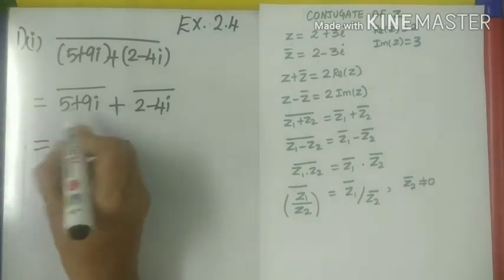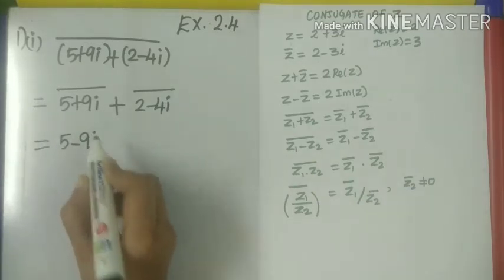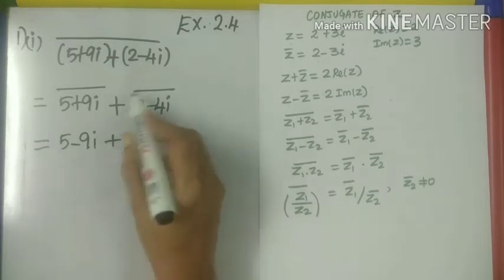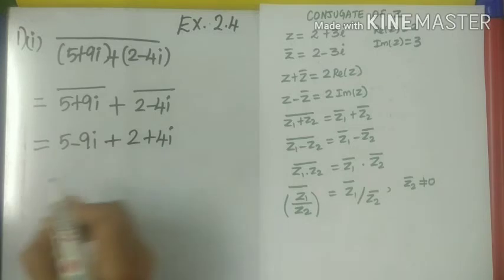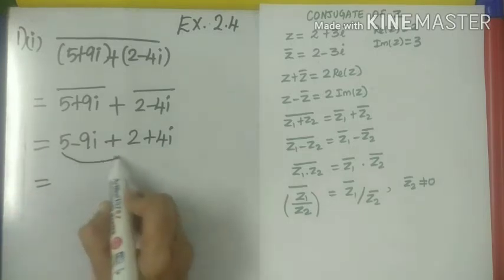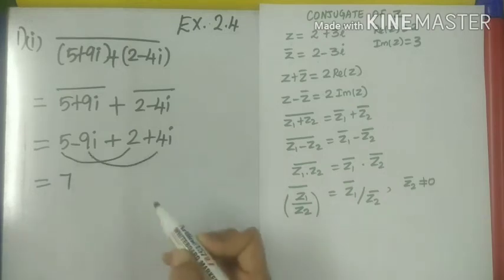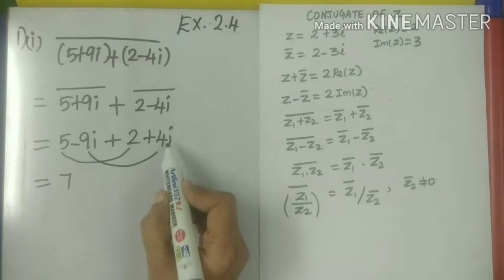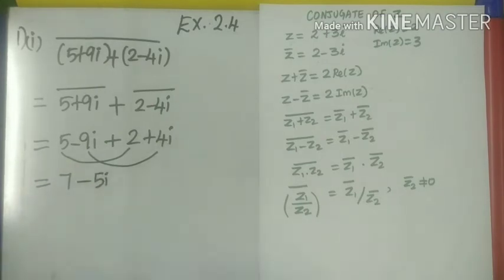What is conjugate of 5 plus 9i? Change the symbol for i. 5 minus 9i. Conjugate of 2 minus 4i is 2 plus 4i. And now we have ordinary addition. Real and real, 5 plus 2, 7. Imaginary and imaginary, minus 9i plus 4i is nothing but minus 5i. And that is the answer.